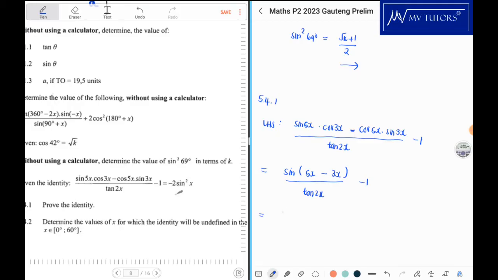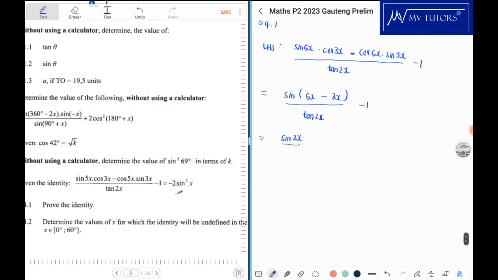So 5 minus 3, we're left with sine 2x divided by tan 2x, which is really the same as dividing by sine 2x over cos 2x. If you are dividing by a fraction, you can just multiply. It becomes cos 2x over sine 2x.